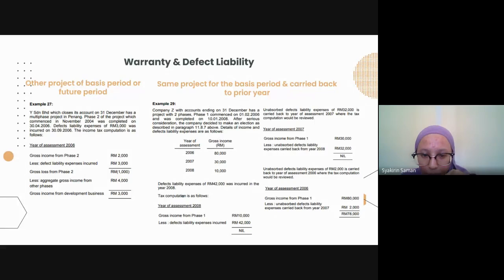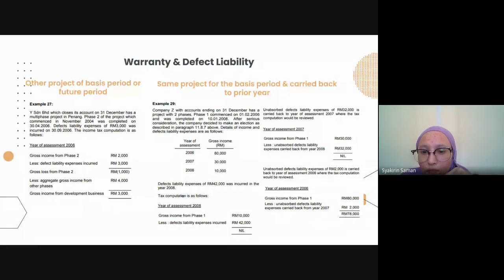and the tax computation for year of assessment 2008 is as follows. Gross income is only 10,000, but the defect liability expenses is 42,000. So there is unabsorbed defect liability expenses of 32,000 for year of assessment 2008. So the unabsorbed defect liability expenses is carried back to year of assessment 2007, where the tax computation would be reviewed.